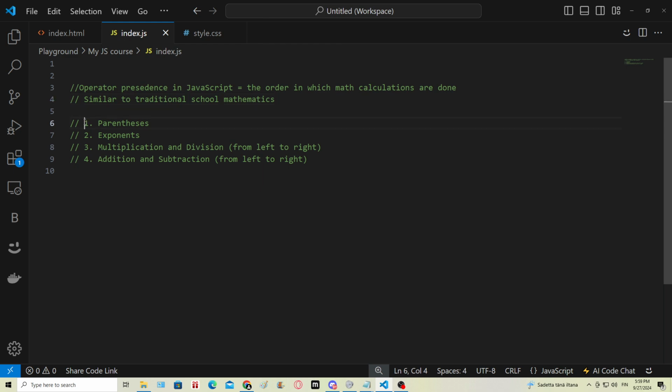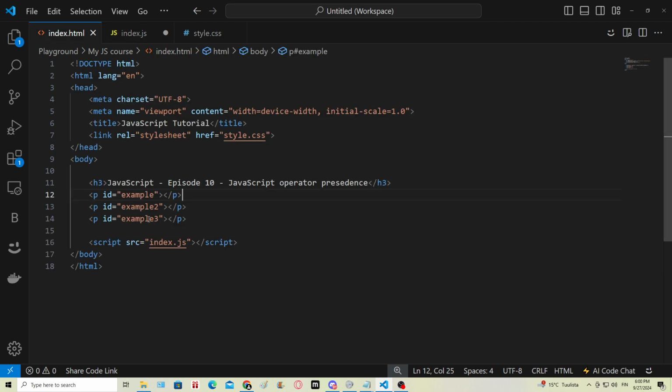First we calculate everything inside of parentheses, then exponents, then multiplication and division and modulus, going from left to right, and the last step is to do addition and subtraction from left to right. I'm gonna give you a few examples.